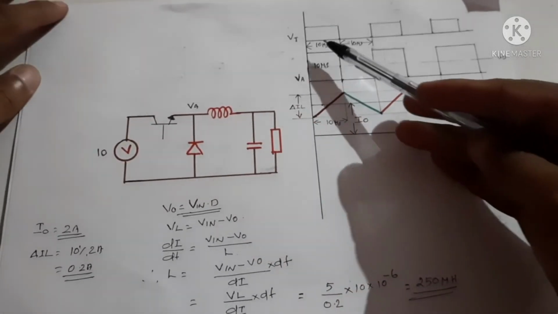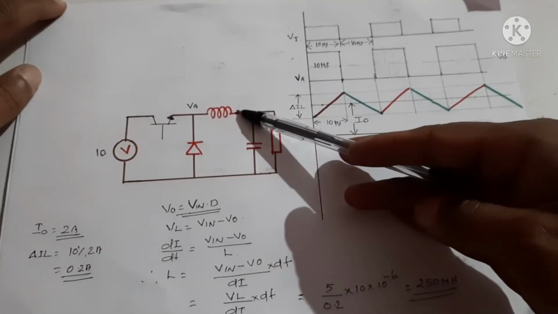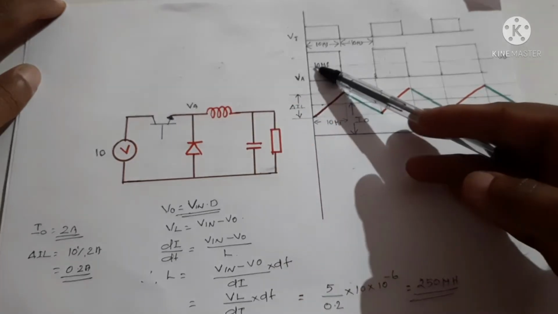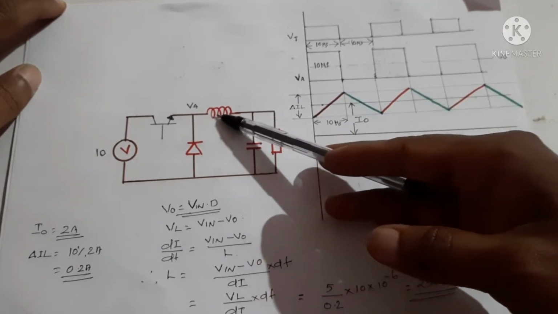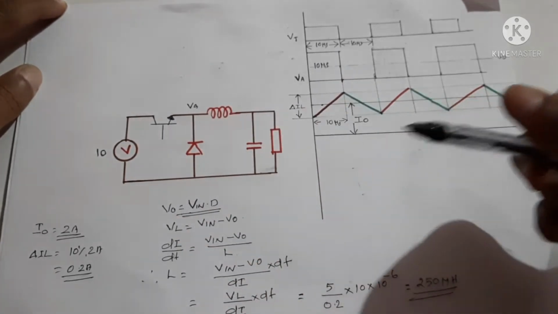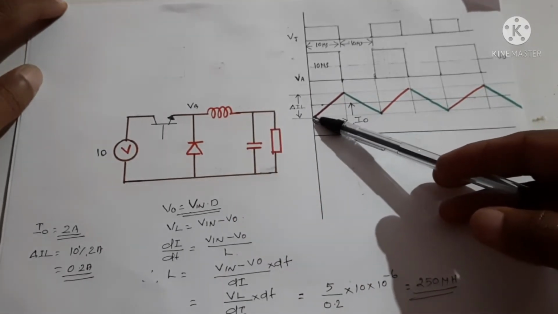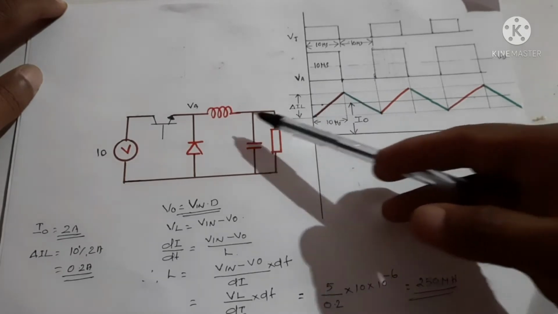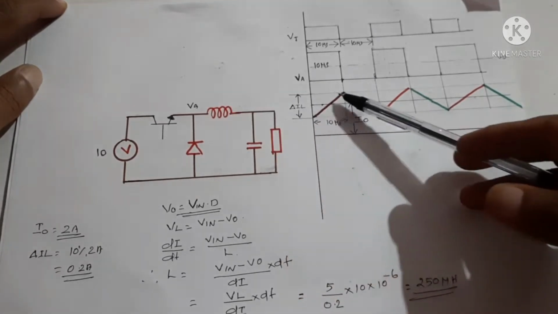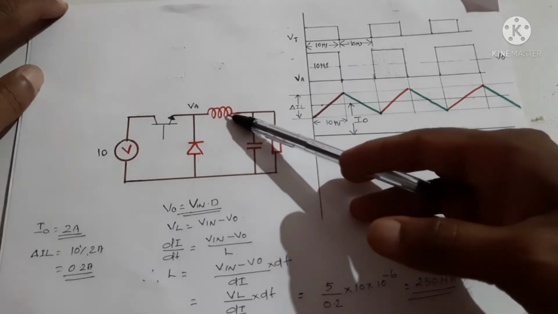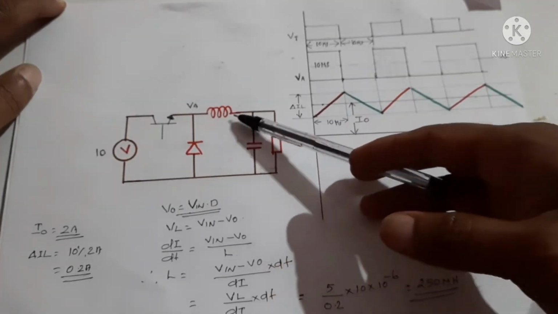Now when the switch is on, a voltage is seen across this inductor. The voltage means the inductor is taking the energy from the electrons. When current is flowing through the circuit, this is the current. The current is increasing from 0. When the current is increasing like this, the inductor is taking energy and stores it as magnetic energy.